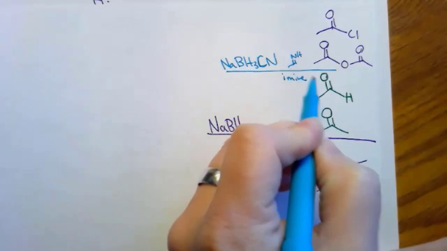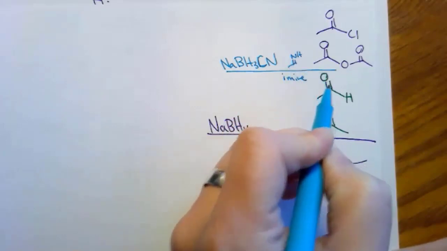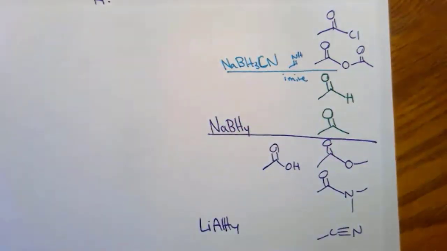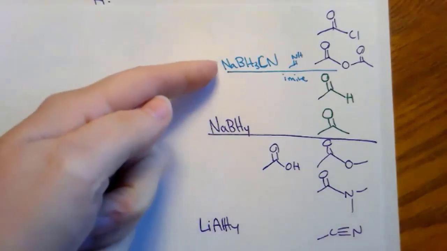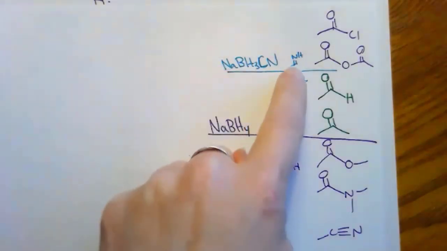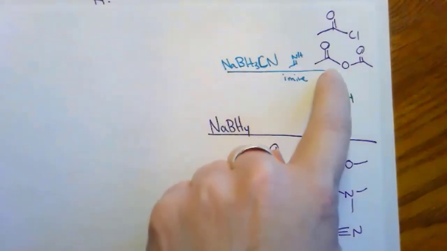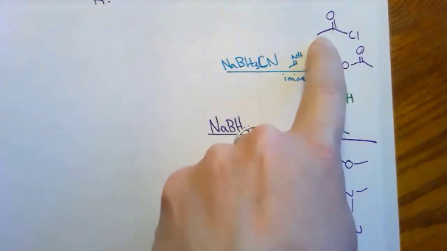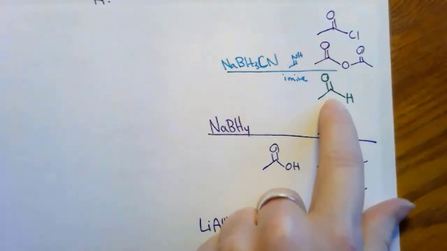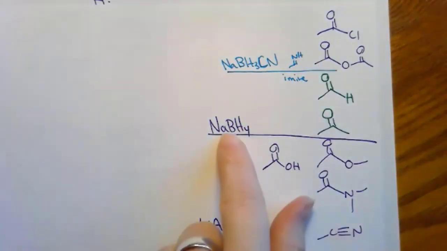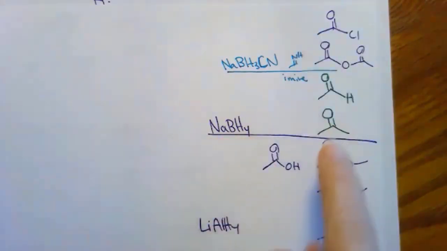So an imine falls here in the order of reactivity as far as hydride reducing agents go. It doesn't generally fall there in other reactivity, but sodium cyanoborohydride can reduce an imine, can reduce an anhydride, can reduce an acid chloride, cannot reduce aldehyde or anything weaker. Sodium borohydride can reduce all of it.